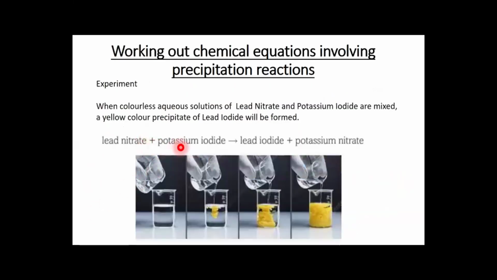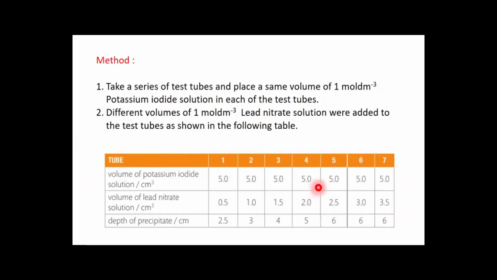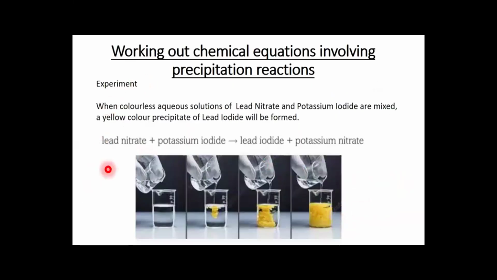So if 5 of potassium iodide is reacting, 2.5 of lead nitrate is reacting. So lead nitrate 2.5, potassium iodide 5. That means the molar ratio, the reacting ratio, will be 1 to 2. So now you can work out the chemical reaction, right?